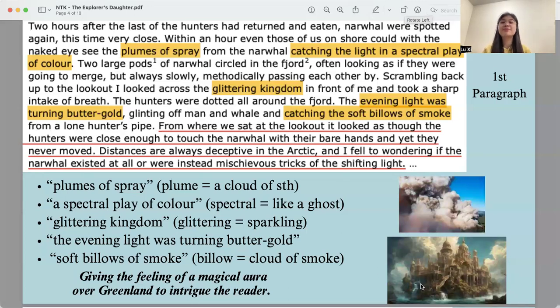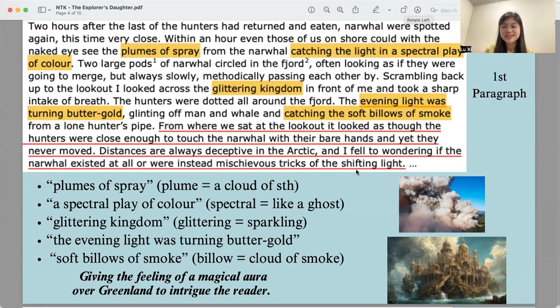It's very creepy. "Distances are always deceptive." Deceptive means something that's misleading, untrue, unreal. "Distances are always deceptive in the Arctic, and I fell to wondering if the narwhal existed at all, or were instead mischievous tricks of the shifting light."